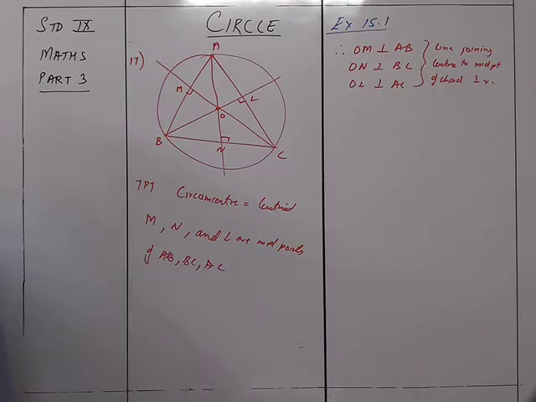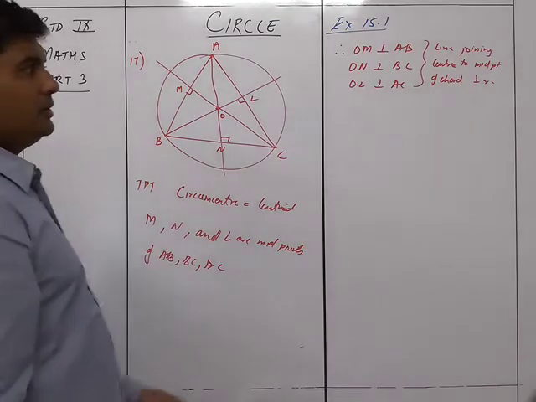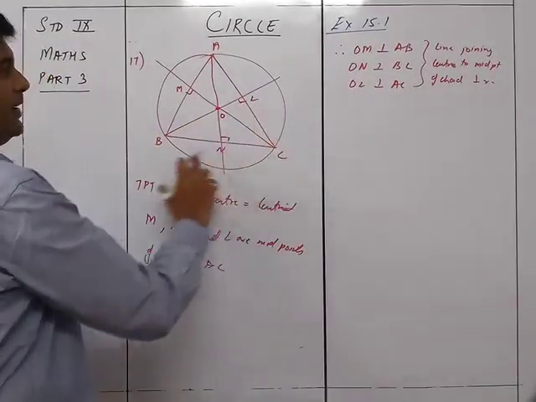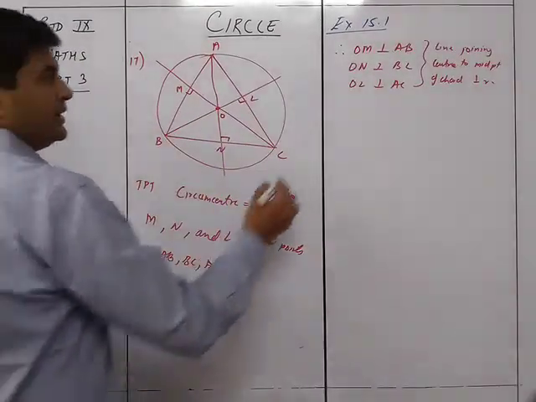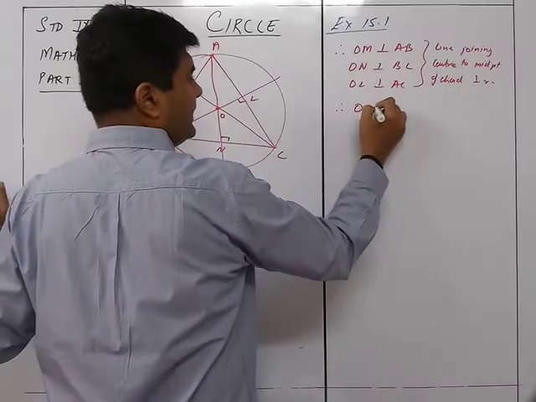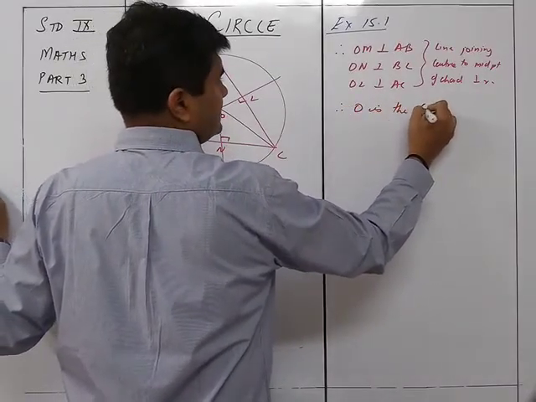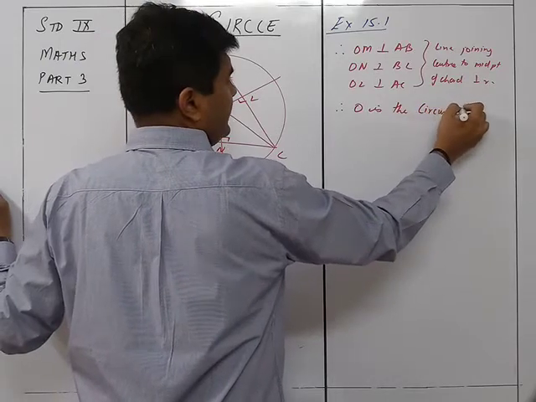So all these three are perpendicular, right? Therefore, O is the circumcenter.